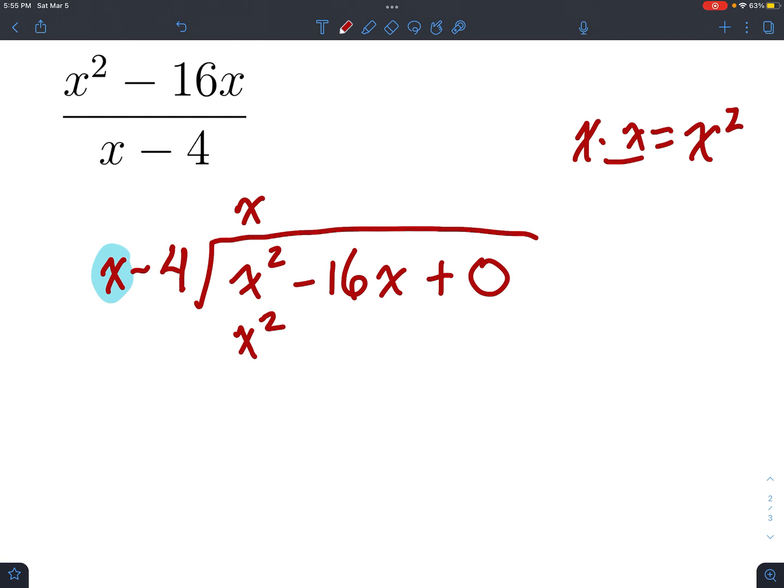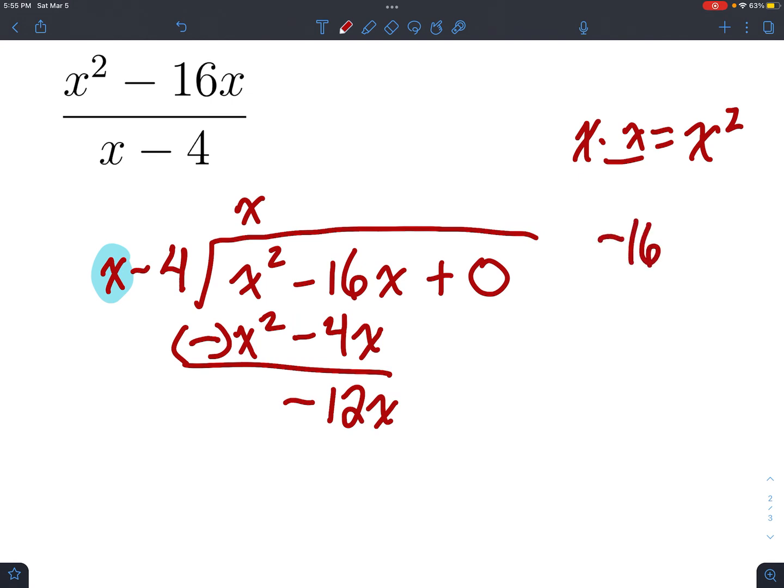Multiply like this. Is minus 12x. And if that seems kind of a stretch, you can always do this on your calculator. Negative 16 minus 4. Cool.